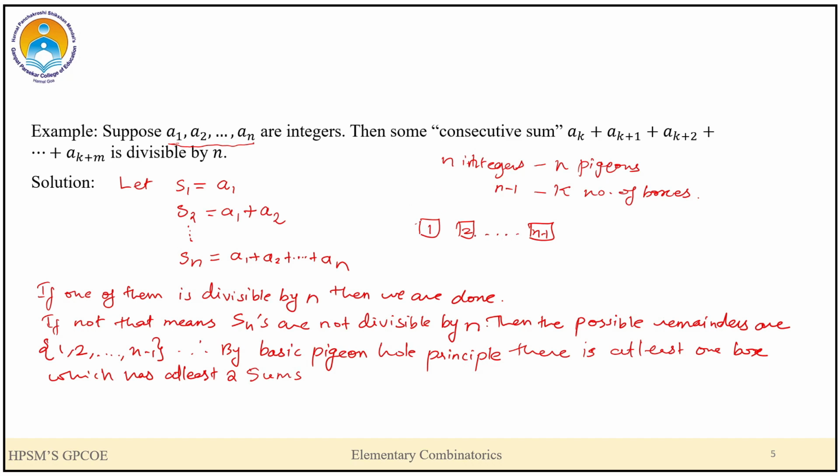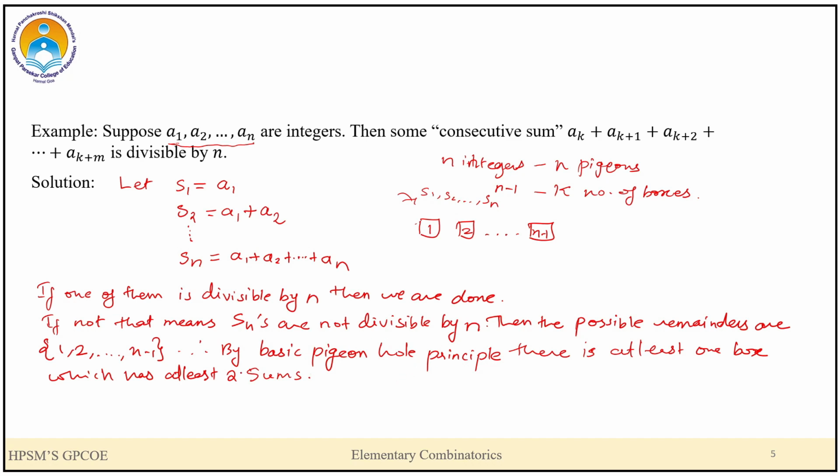So if S1 gives a remainder 1 after dividing by n, it will be put over here. S2, if it also has remainder 1 after dividing by n, will be put over here, and so on. We are putting these sums S1, S2 up to Sn, so these are our pigeons. Okay, so there is a box which has at least 2 sums.